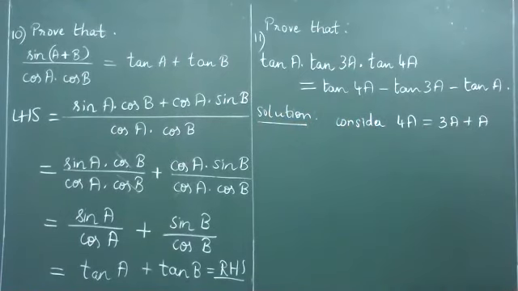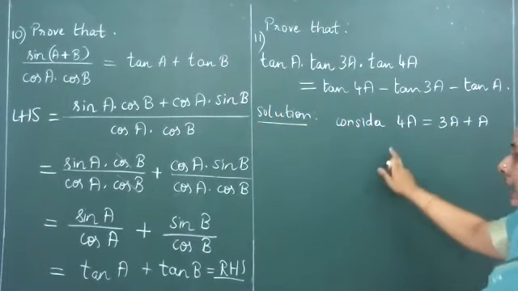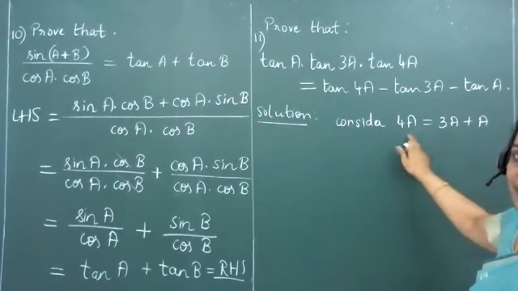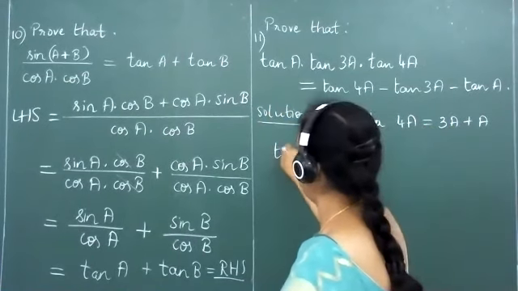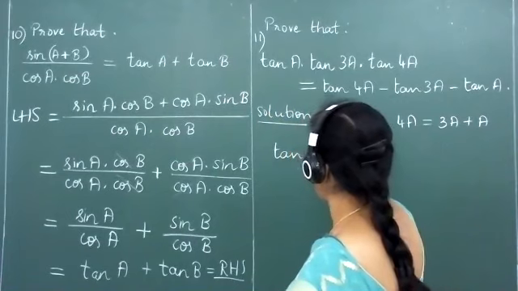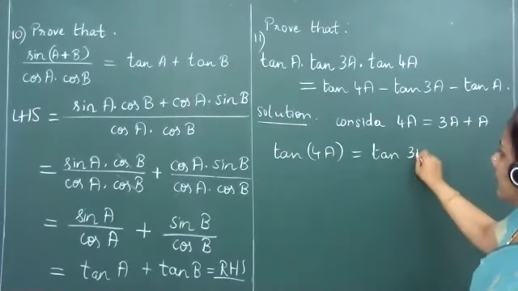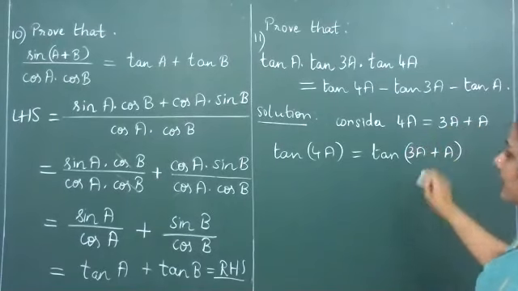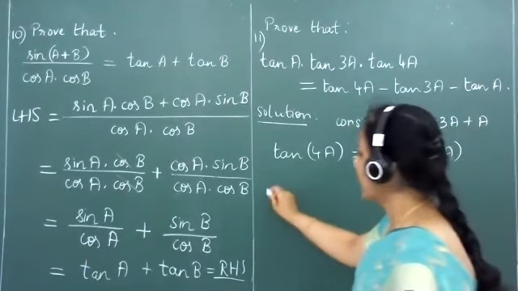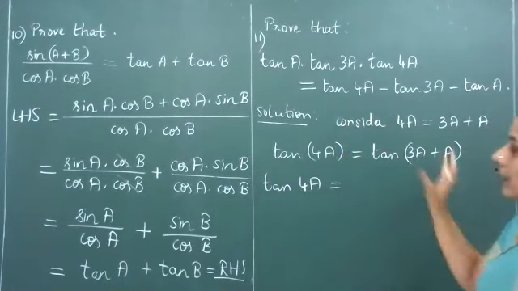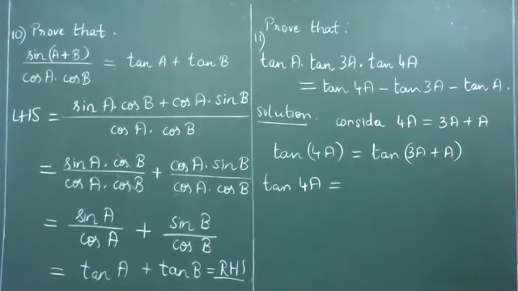We will split 4A equal to 3A plus A, and let us consider the tangent ratio of LHS and RHS. So now I take tan 4A, which is equal to tan of 3A plus A, which is reduced to the form tan(a + b).